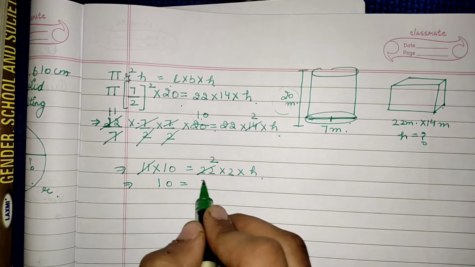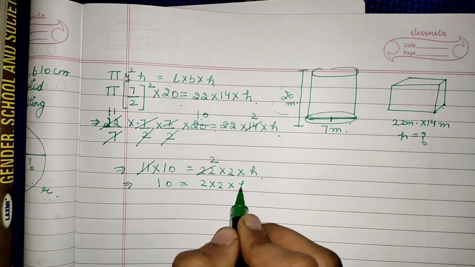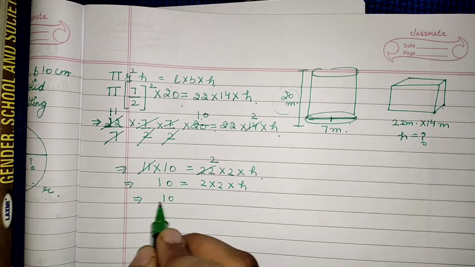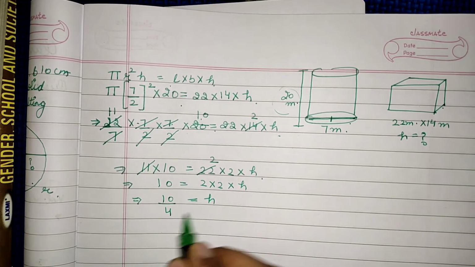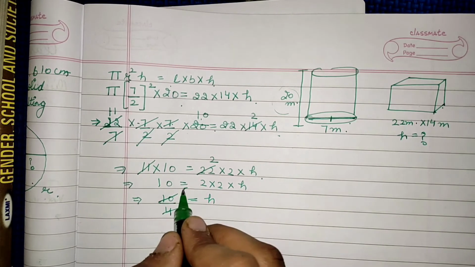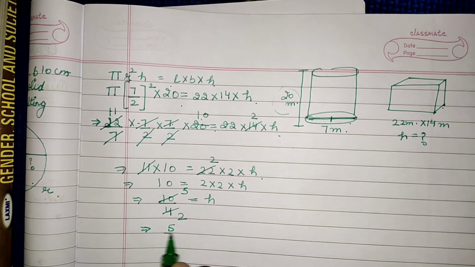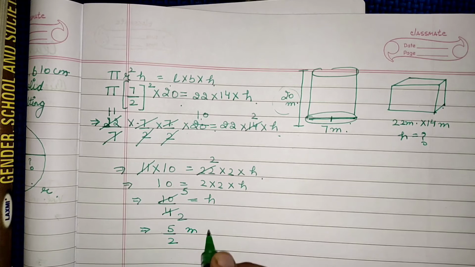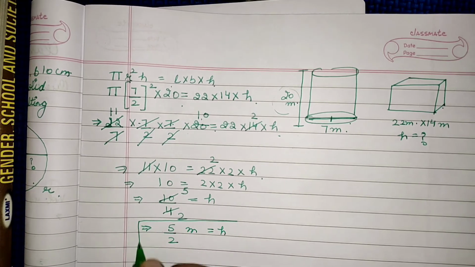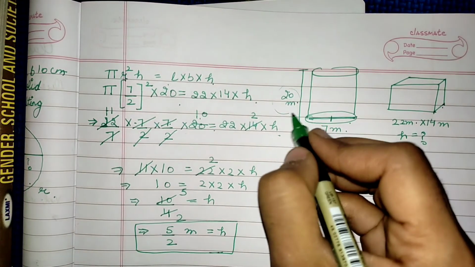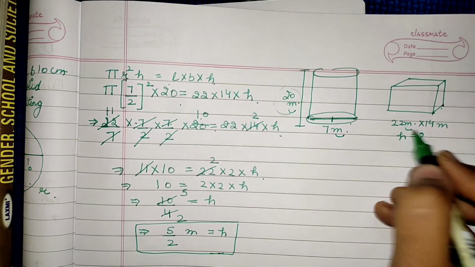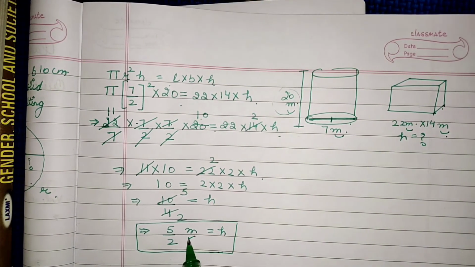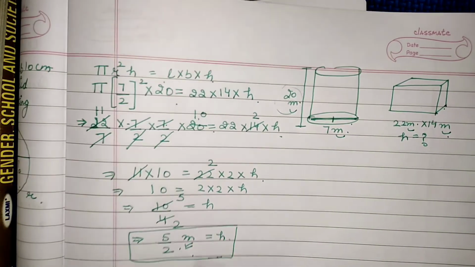So 10 will be equal to 2 into 2 into h. So 10 by 4 is equal to height. So it will become what? It will become 5 by 2 meter is equal to height of this platform. So see, because all the dimensions are given to me in meter, that's why I have taken the final answer in meter.